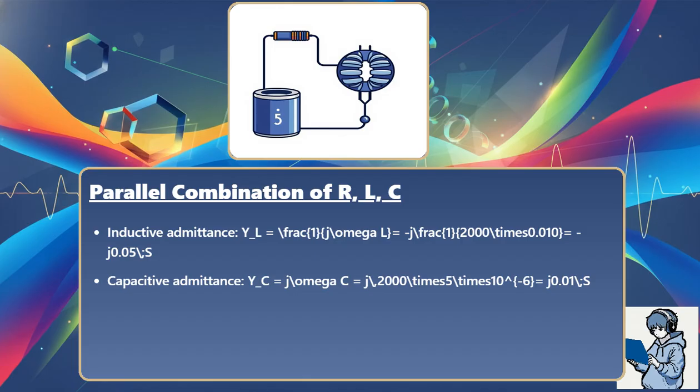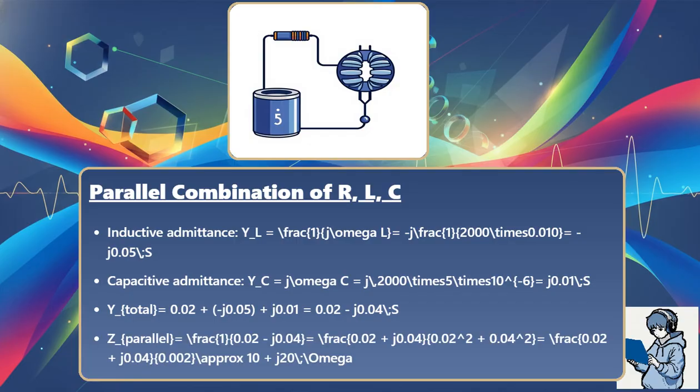Capacitive admittance Y sub C equals j omega C equals j times 2000 times 5 times 10 to the minus 6 equals j0.01 siemens. Y total equals 0.02 plus negative j0.05 plus j0.01 equals 0.02 minus j0.04 siemens.